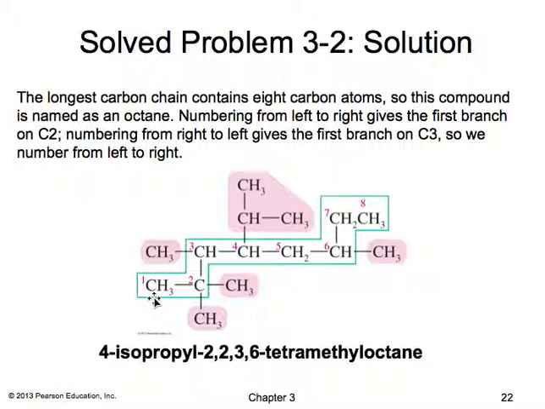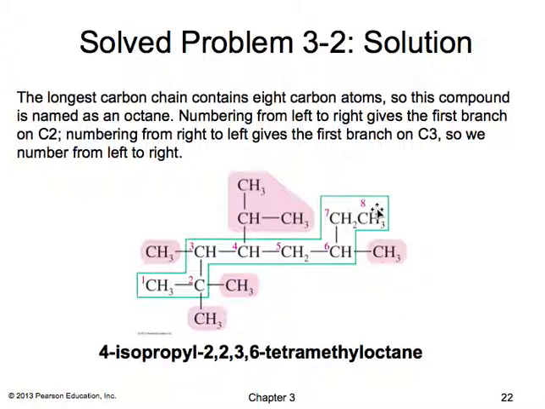Now once you do that, you have to figure out which order it will go. Will it go 1 to 8 from left to right, or 1 to 8 from right to left? Again, you want the lowest substituent, meaning you want to have the substituent on the smallest number of carbon.